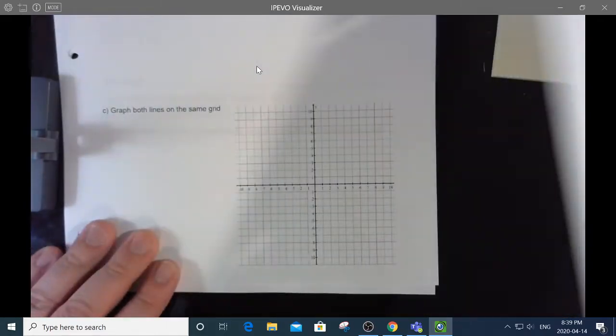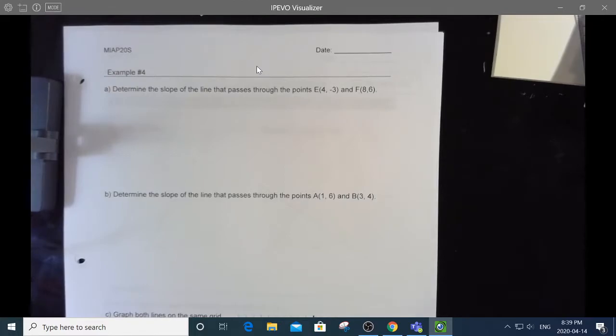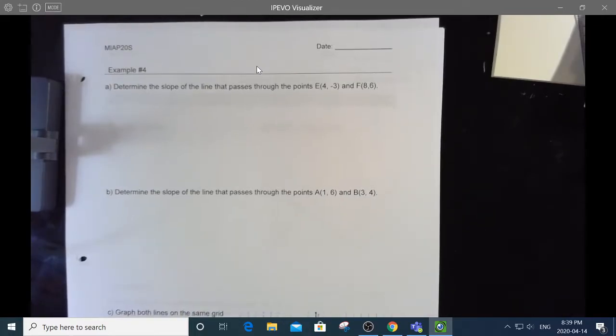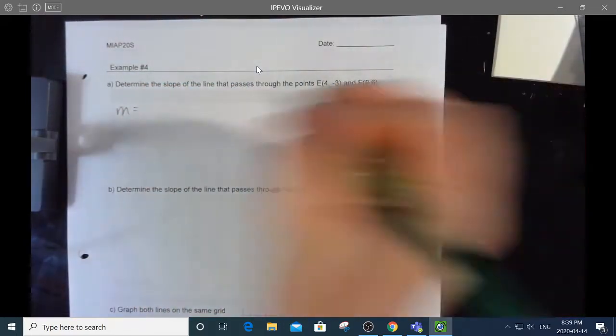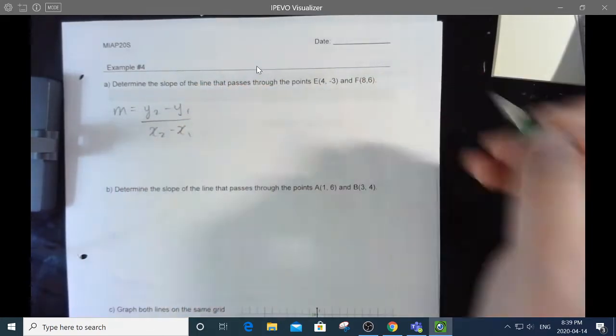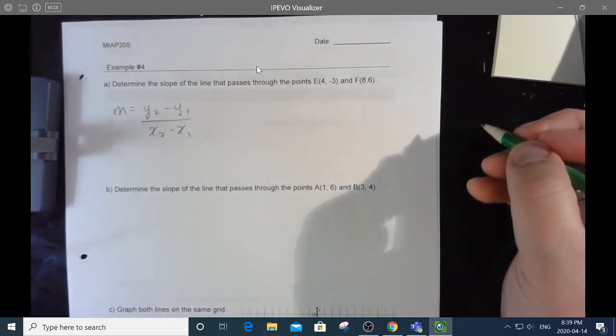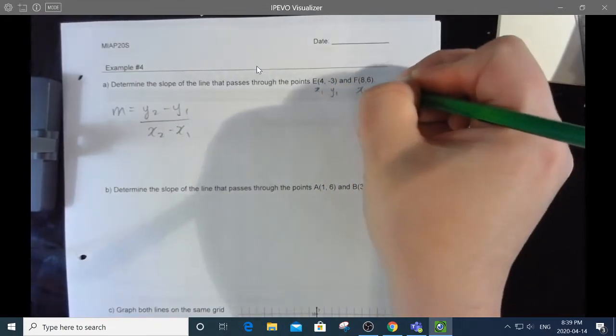Cool. Example 4. Determine the slope of the line that passes through there. Okay, notice, finally, you people looking on a phone don't have to worry. No diagrams, just formula. So it's y2 minus y1 over x2 minus x1. Okay, let's make this x1 and y1 because they told it to me first, and we'll make this x2 and y2.